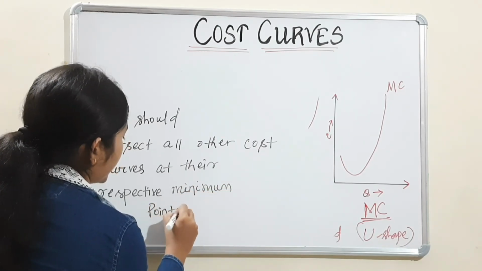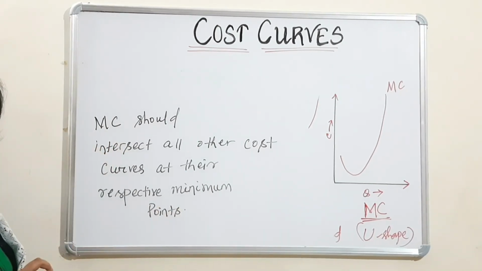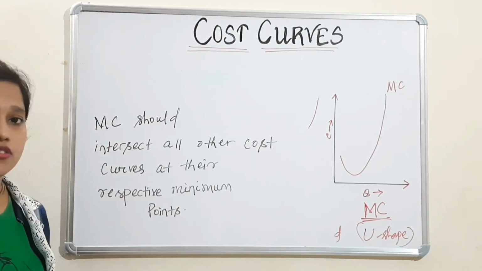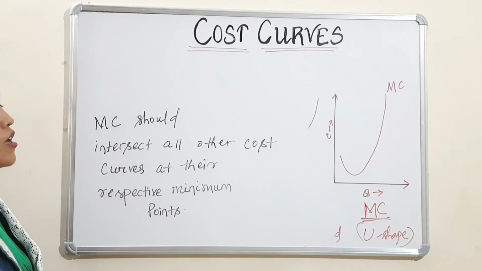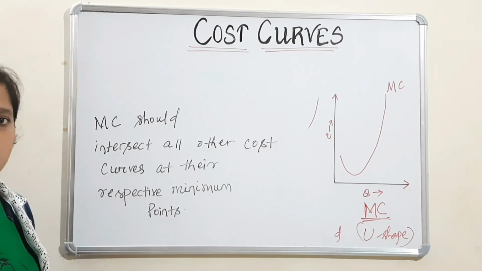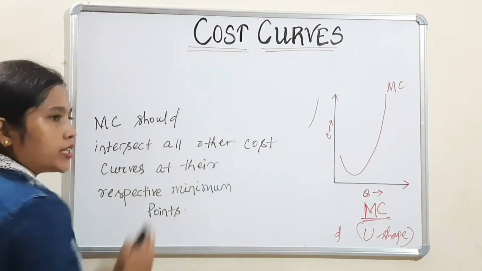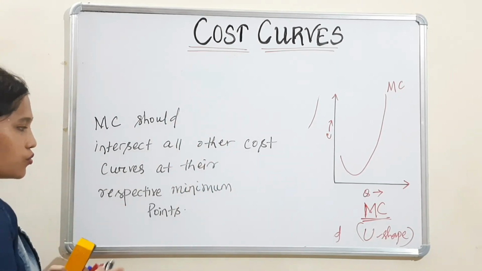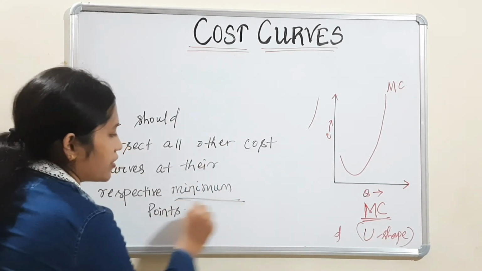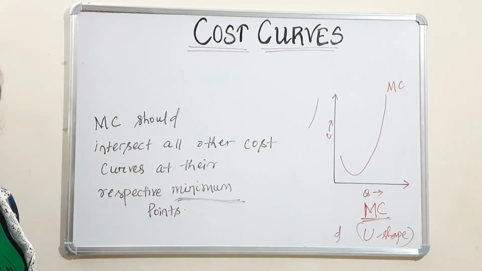When you are drawing all the cost curves, average total cost, average variable cost, average fixed cost and marginal cost, remember that marginal cost, when intersecting all other cost curves, should go through the minimum point of the respective cost curves. How?